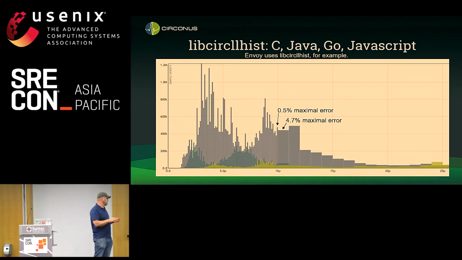Basically a log linear quantized histogram means that it's logarithmic, base 10 in our case. So you can see from like 100 to 1,000 and 1,000 to 10,000 and 10,000 to 100,000. You can see at each exponent, but inside those exponents you have kind of a linear progression of data.